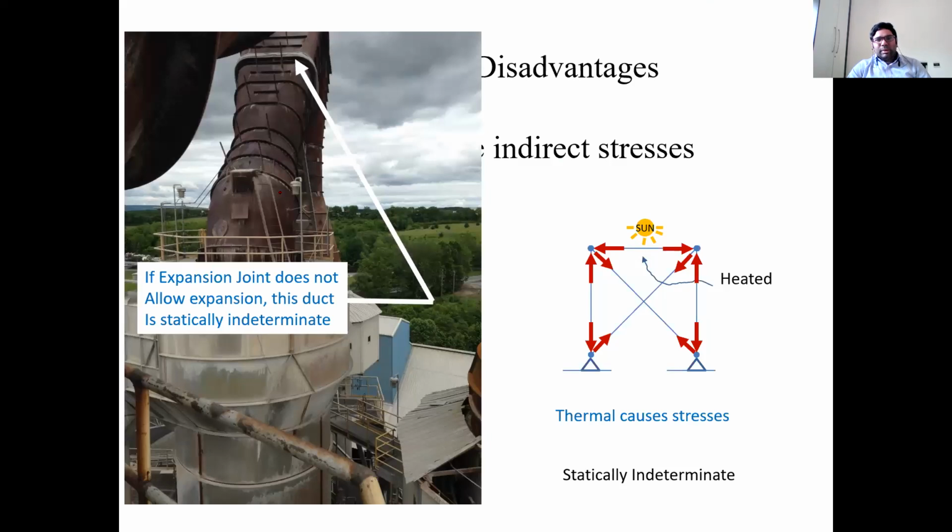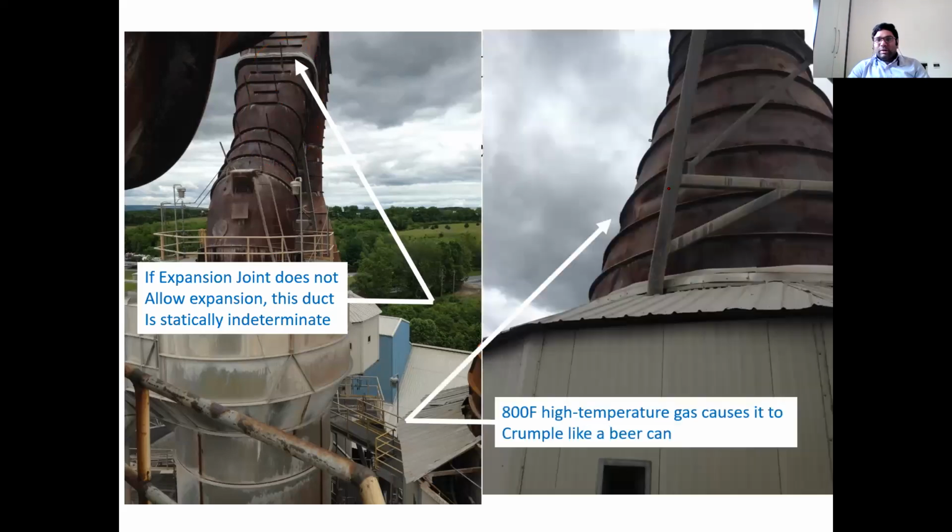So here is one practical example of what will happen. You can see here, this is one of the big joints in one of the structures considered. If the expansion joint does not allow expansion, this is a duct. This entire thing is called a duct. If it is not allowing expansion, then it is statically indeterminate. Is it clear for all?